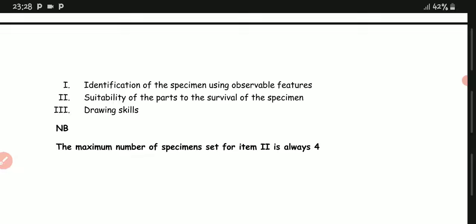Then some of the rules for drawing these biology drawings, what you should know is that, one, you should use a sharp pencil, a very sharp pencil. Then 2, you should use thin lines. A line should be thin. Then 3, avoid using a rubber.